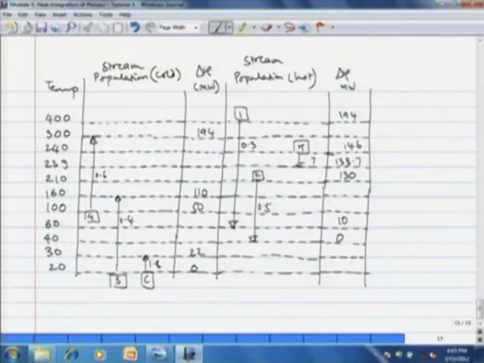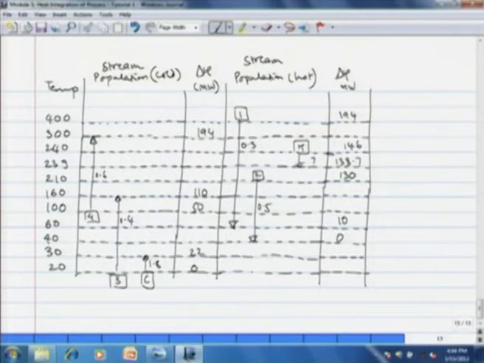For cold streams, the minimum temperature is 20 degrees, so we take that as the basis for calculation of composite enthalpy. So 0 enthalpy at 20 degrees centigrade, and then at interval 20 to 30 we have two streams, and the total enthalpy at 30 degrees is 22.